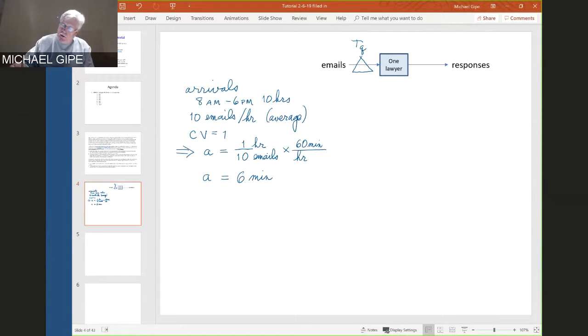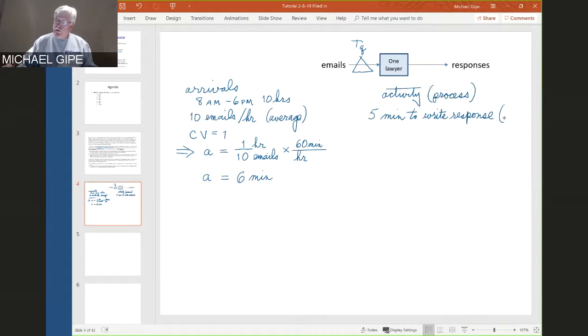How about the activity or the process? We know that on average, it takes 5 minutes to write a response. So that's our processing time.